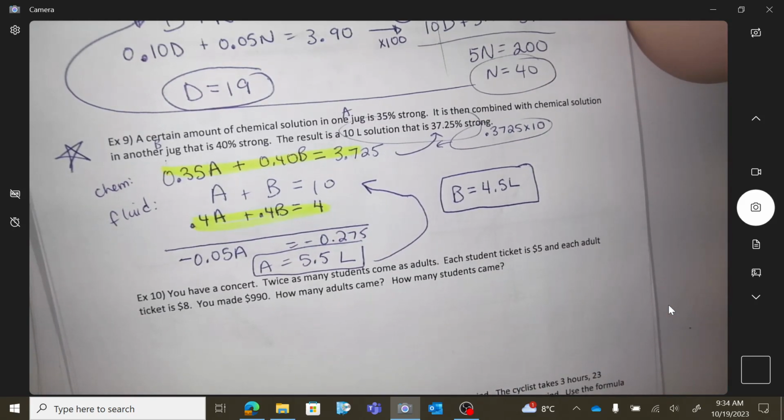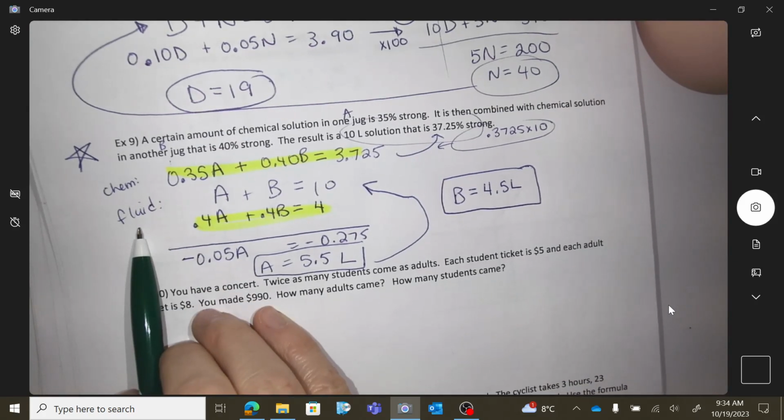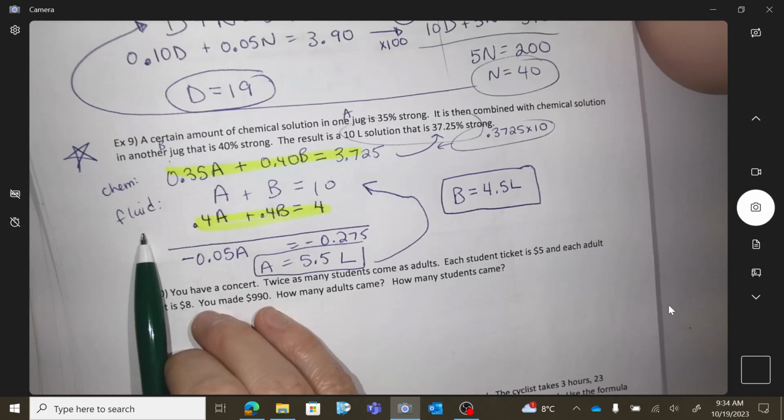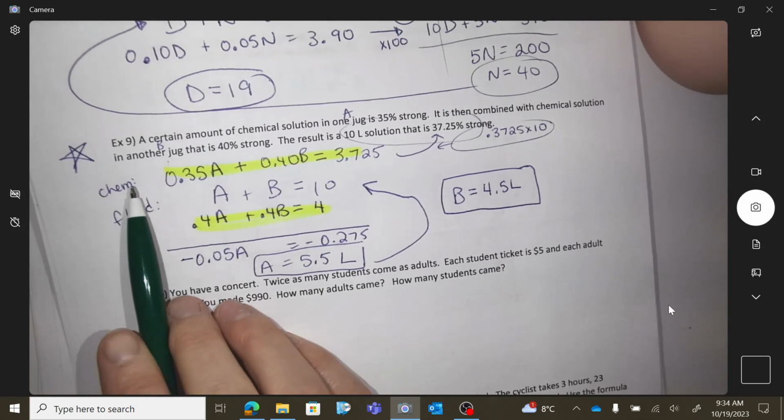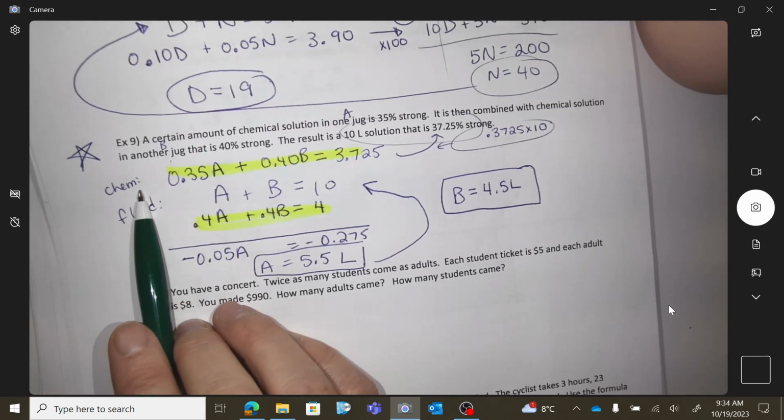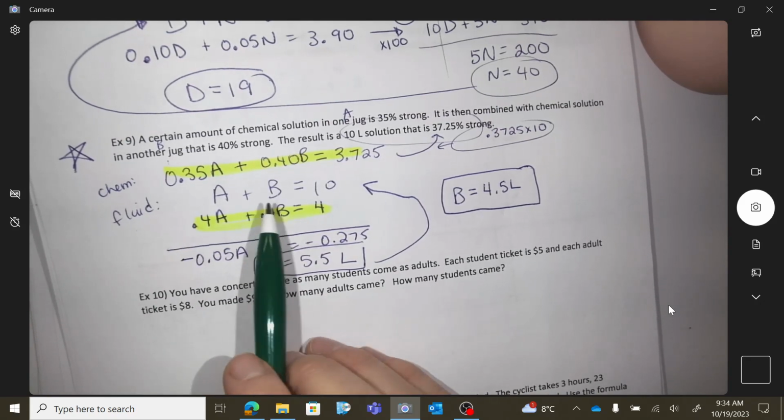So I would need 4.5 liters. Okay, so star that one. This is 100% chance this is on a test. So again, I'm doing the chemical from each and the total fluid from each.